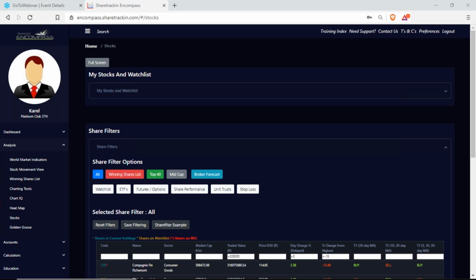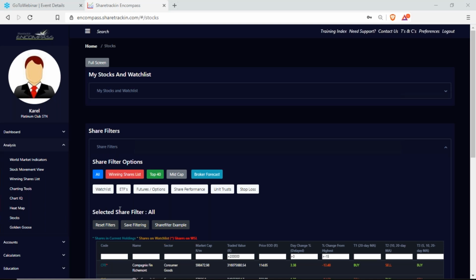We want to go and buy a specific share underneath the top 40. For example, let's say Process. We want to buy that share. We don't want to buy shares into the top 40, the name. So that's why we don't do that. Then you have your stop losses. So more or less a recommendation of where you can put your stop loss.